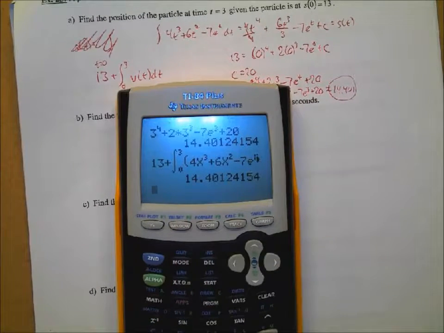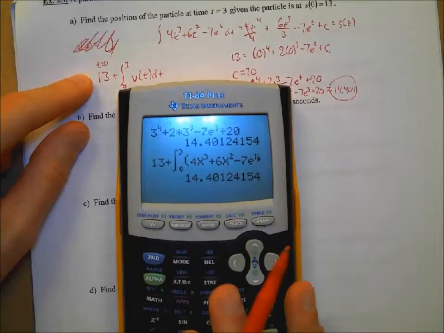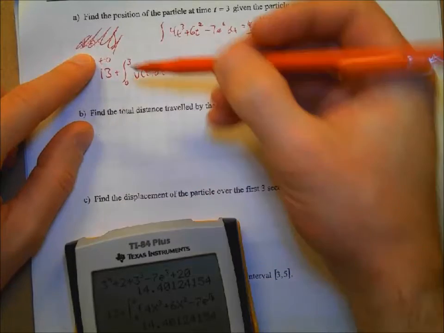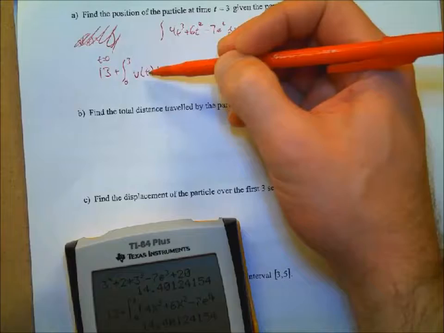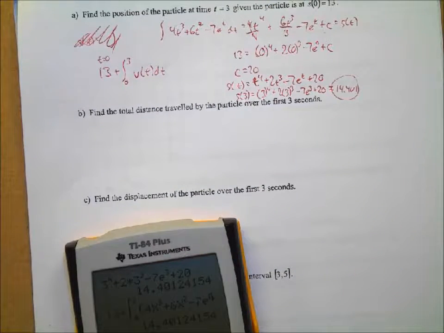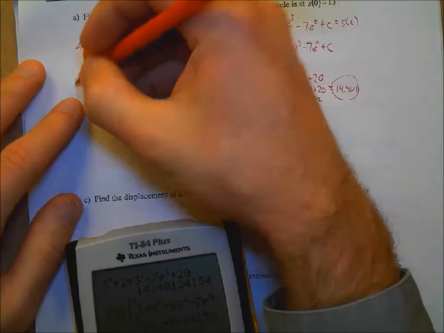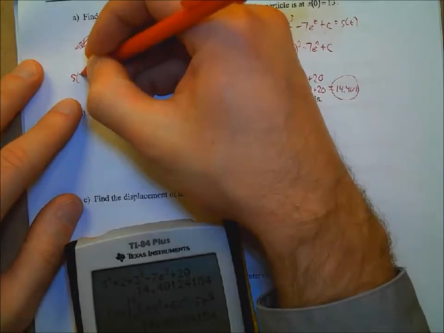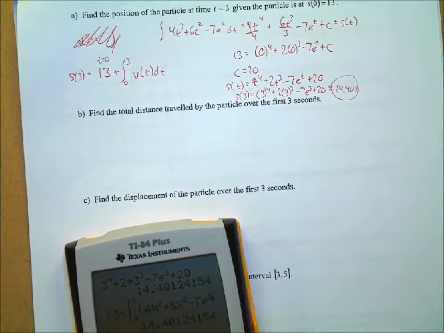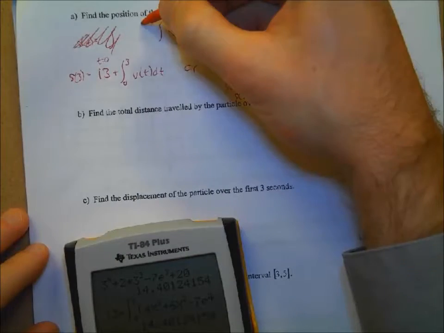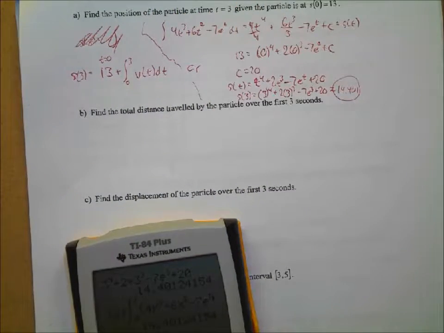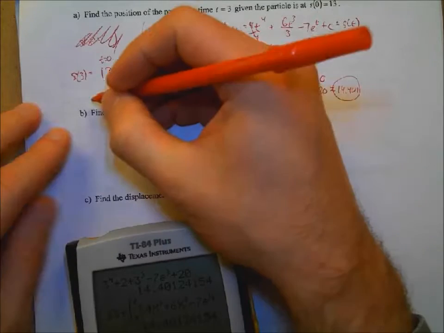Starting from that known position at time 0, we can then integrate from 0 to whatever other time of the velocity. That will give us the new position. So that's an alternative way to do it. So we could also say s of 3 equals that as well. So that's two alternative ways to do it, and it also gives you 14.401.